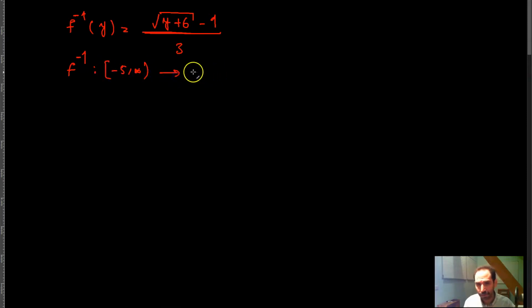We said that f inverse of y is equal to the square root of y plus 6 minus 1 divided by 3, and f inverse we define as going from -5 to infinity to R plus, as the inverse of f.